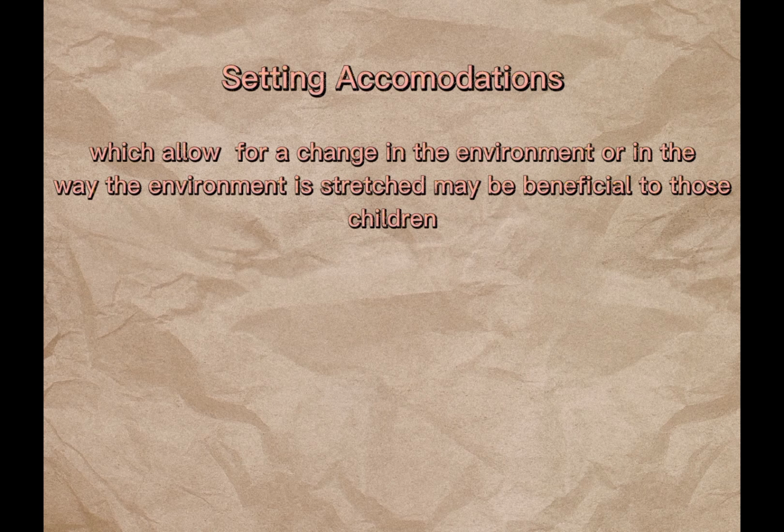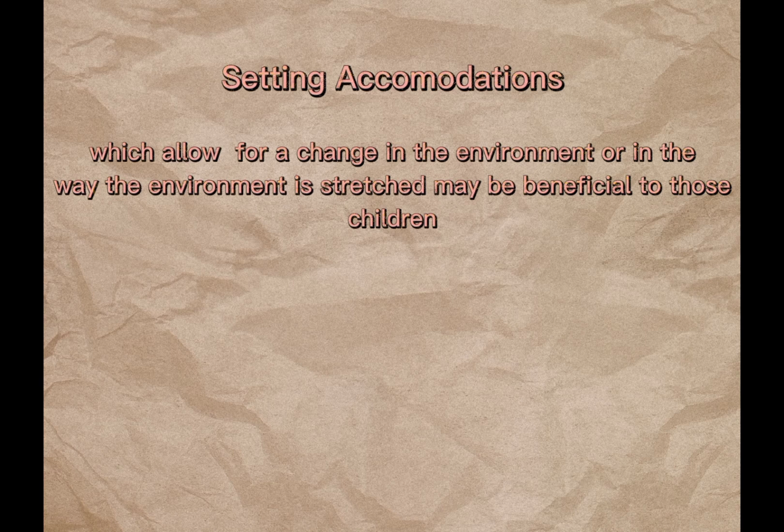Setting accommodation. Instructional or testing environments should be well lit with a pleasant temperature, adequate ventilation, and low noise or other distraction. Even under ideal circumstances, however, certain characteristics of the environment or setting may pose challenges for some students.